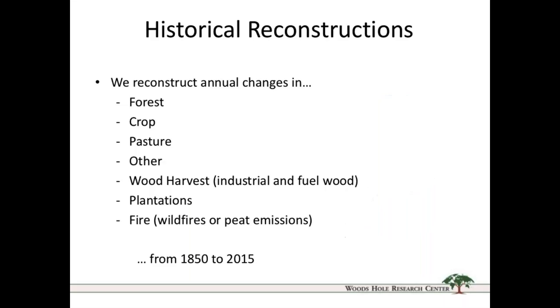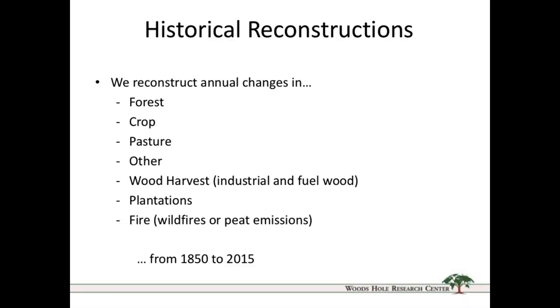Okay, so to say a little bit about the historical reconstructions before we get to settlement. This is a list of the kinds of land use we consider. We want to look at changes in forest area, how that comes out of croplands, pasture lands, anything else that is a conversion of forest to something.